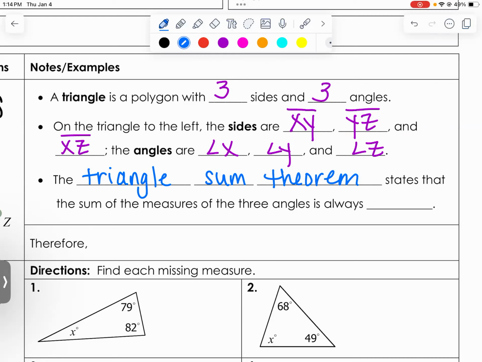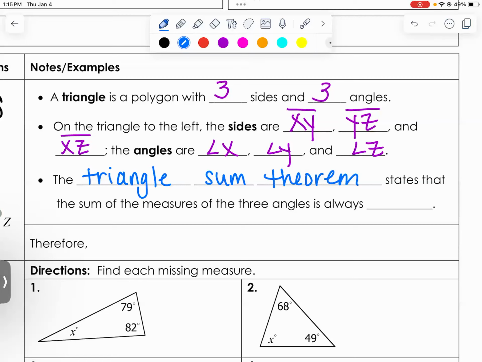Cash, what does sum mean? S-U-M, like the answer. The answer of what kind of problem? Addition, subtraction, multiplication, division. Addition, yes, you got there. So sum means addition.